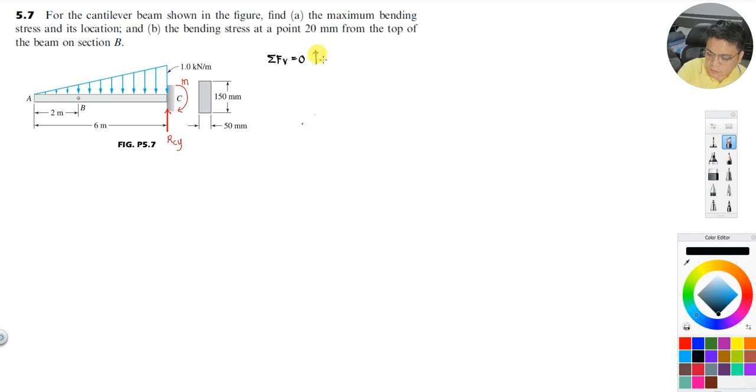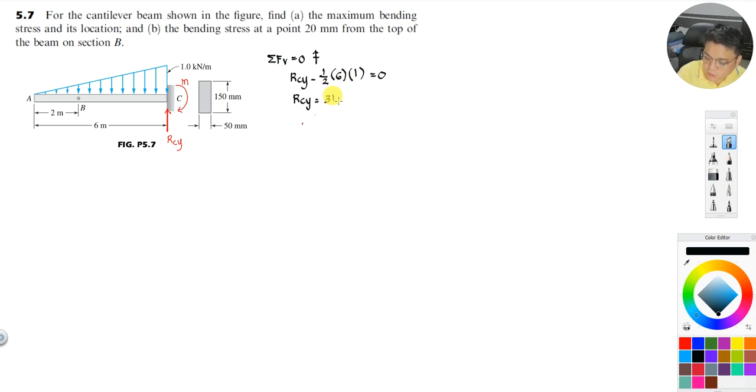So, upward would be our positive. So, we can have it as RCY minus 1/2 of 6 multiplied by 1 kilonewton per meter, equal to 0. So, I can now have the RCY is equals to, ilan yun?